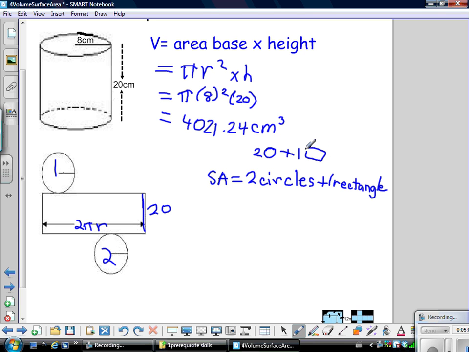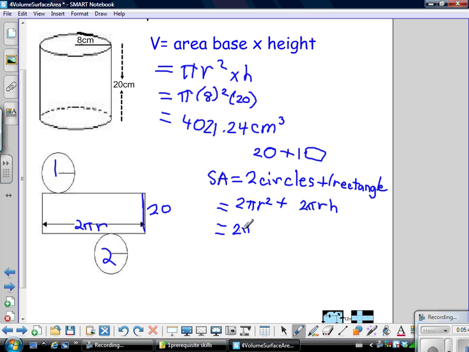It's just a little visual to keep track of what you're doing. I know the area of a circle is pi r squared, so I have 2 pi r squared, plus 1 rectangle. We know a rectangle is length times width, so in this case it's 2 pi r times the height of our can.